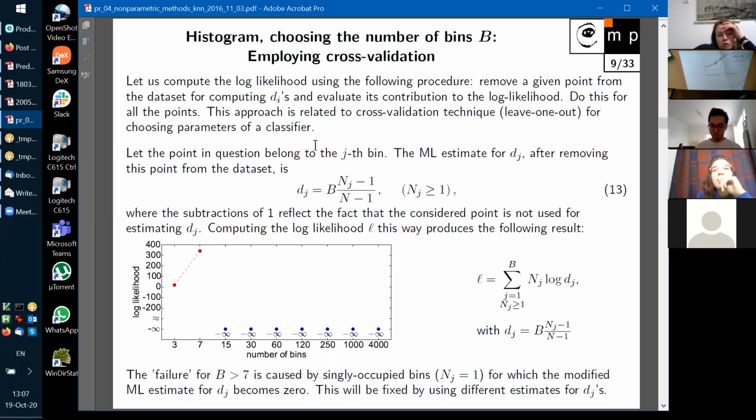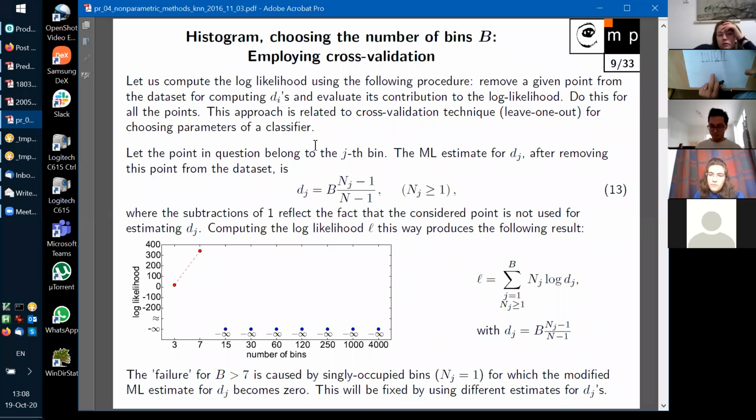So as soon as we took more bins than 7, at some point, maybe I can draw it somewhere. If you do cross-validation with more than 7 bins, we were estimating if one of the bins gets no point in the test, so say D_J equals 0, and then the cross-validated point falls in here.